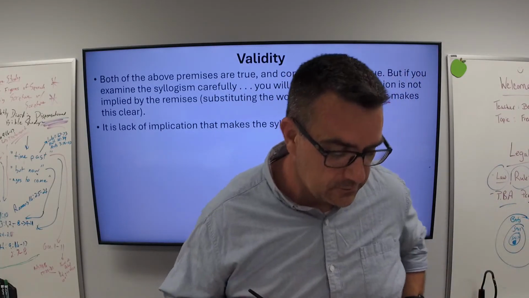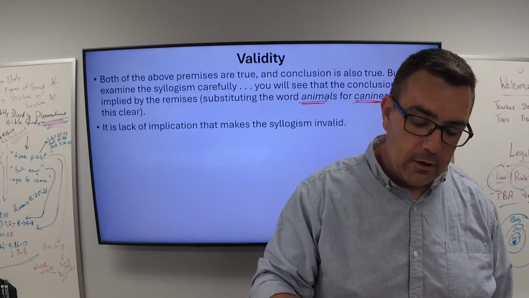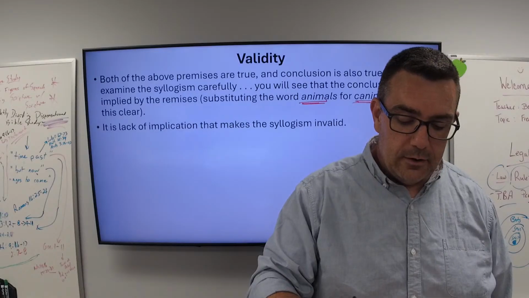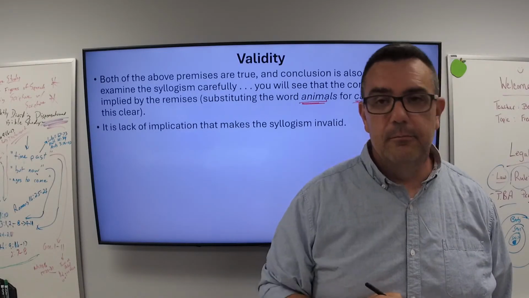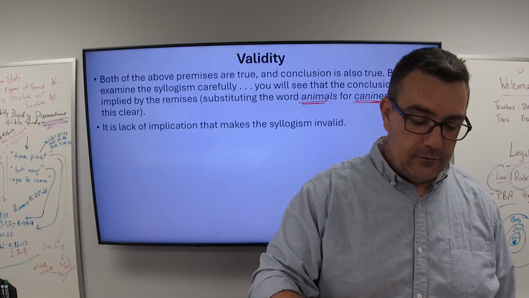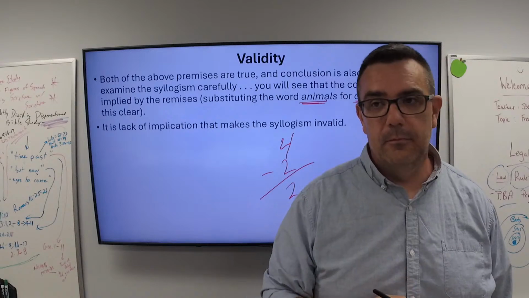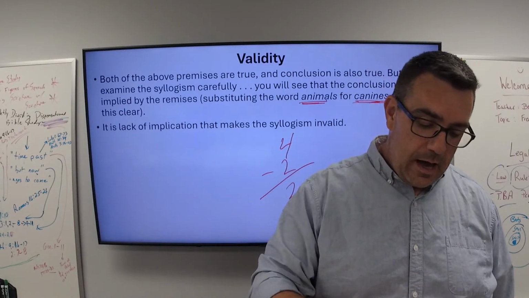So it's kind of like this. I could say 4 plus 4 equals what? 8. Okay? I could say 4 minus 2 equals what? 2. How would I check that?